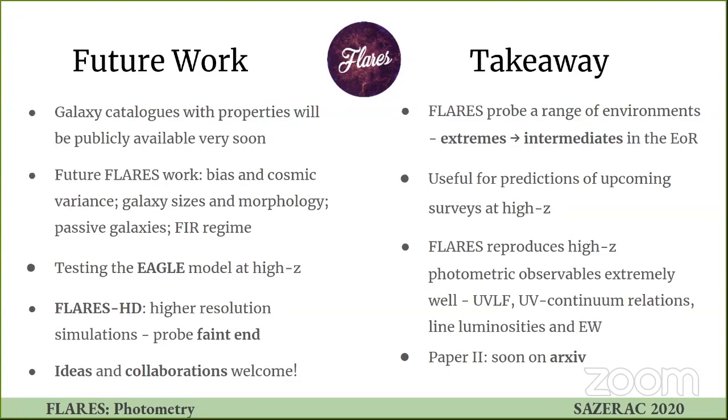We did try some other extinction curves from the literature, and to get back some of these observational results, we do need something like an SMC curve to recover properties like the UV continuum slope. An evolving dust to metal ratio would also make sense, since this has been seen in observations as well as some modeling results. These are all things that we definitely need to try and would love to do.